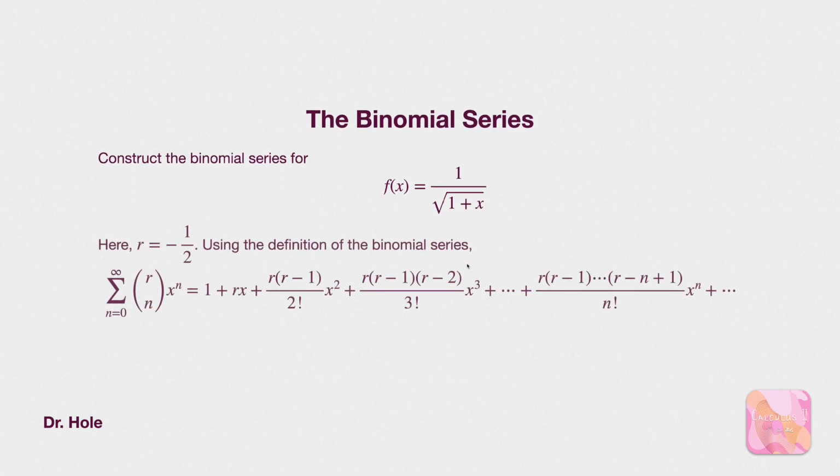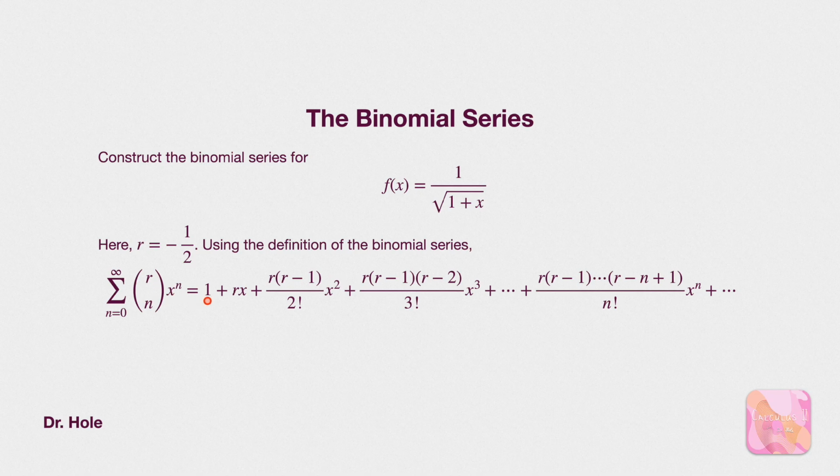Or, overall, it's 1 plus x quantity to the r equal -1/2. So for this function f of x, we can find a power series to represent it. It will be a binomial series, since f is 1 plus x raised to the r equaling -1/2. And thus we can express it out as this binomial series.